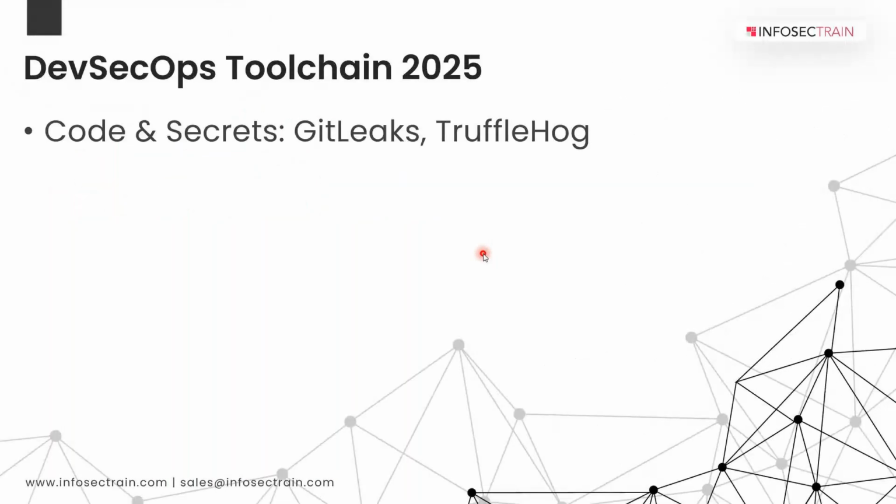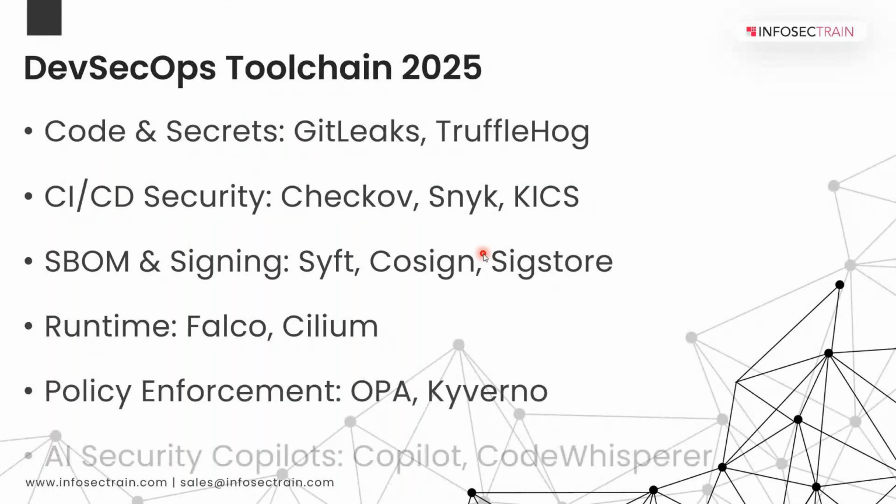So these are some of the DevSecOps tool chains that we have. For code and secret scanning, you have Gitleaks and TruffleHog. For CI/CD security, we have Checkov, Snyk, and KICS. For SBOM and signing, you have Syft, Cosign, and Sigstore. For runtime security, you have Falco and Cilium. For policy enforcement, you have OPA, Open Policy Agent, and Kyverno, and you have AI security copilots called Copilot and CodeWhisperer.